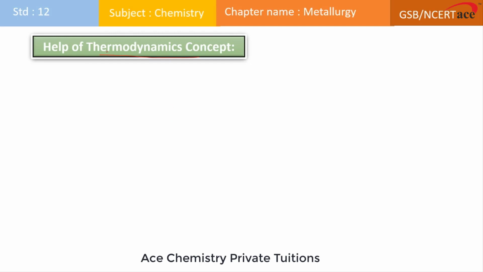These thermodynamic concepts help us to make the process easy, and they also help us to find out the exact temperature at which we can carry out the reduction process, and the exact and suitable reducing agents. So in order to understand, we have to understand the basic terminology and basic parameters involved in the thermodynamic concepts. We take Gibbs energy as the basis of this principle.